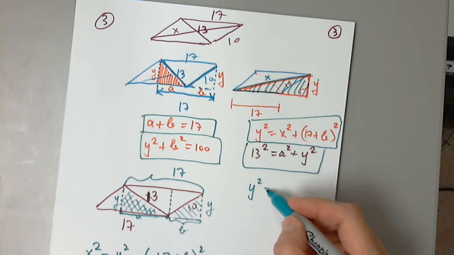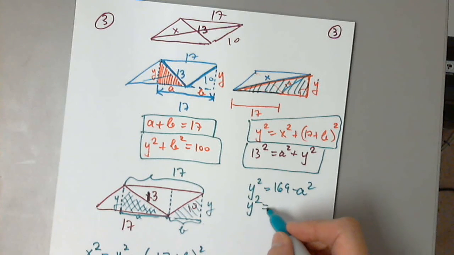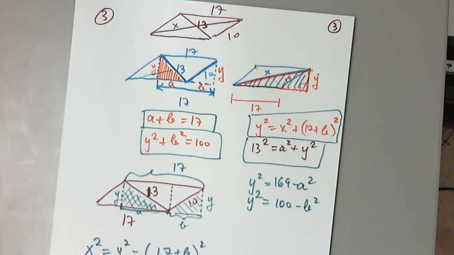Y squared equals 169 minus a squared, and also y squared is 100 minus b squared. Okay. So now from these 2 equations, I may have to solve for a and b first. So I'll set these 2 equal to each other and then solve for a and b.